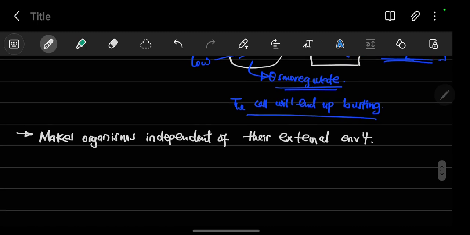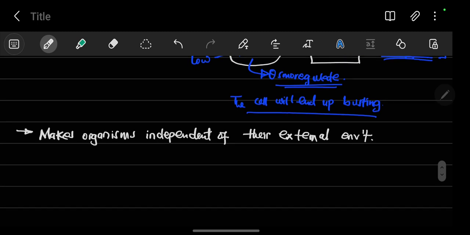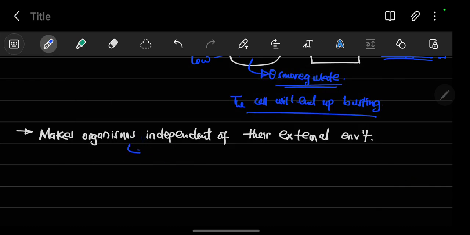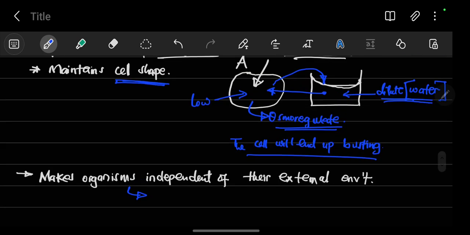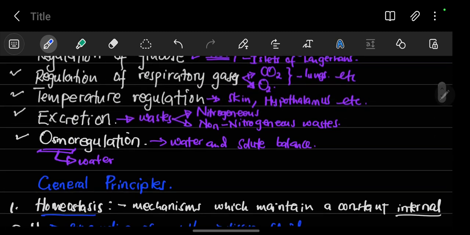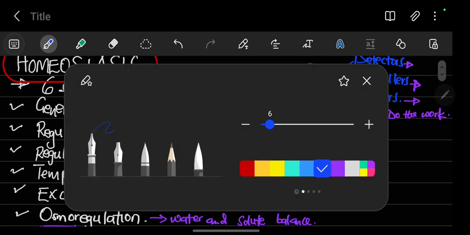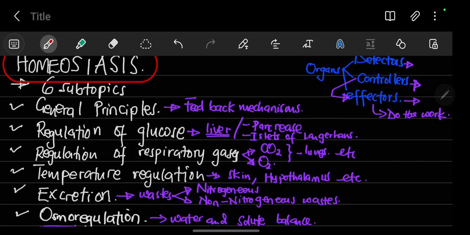How? I'm going to look at this on the side of temperature regulation, because under homeostasis we have temperature regulation there.